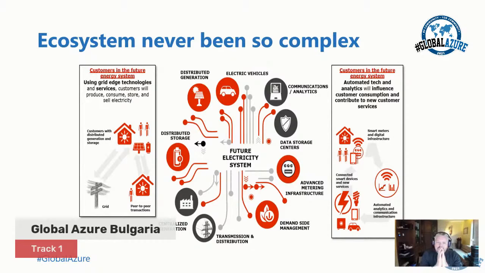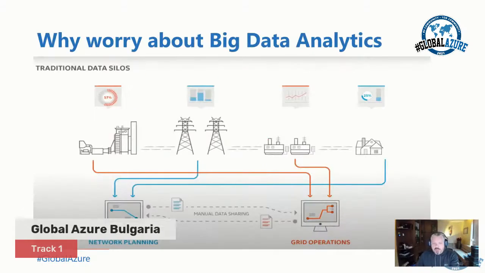One of the problems that you see on this map is that it involves so many departments, for example network maintenance, network planning, GIS department, IT, and they all have very specific views on how the grid should operate. So when we come to a typical representation of how power generation, transmission and distribution operate, we come to the problem of silos, data silos.